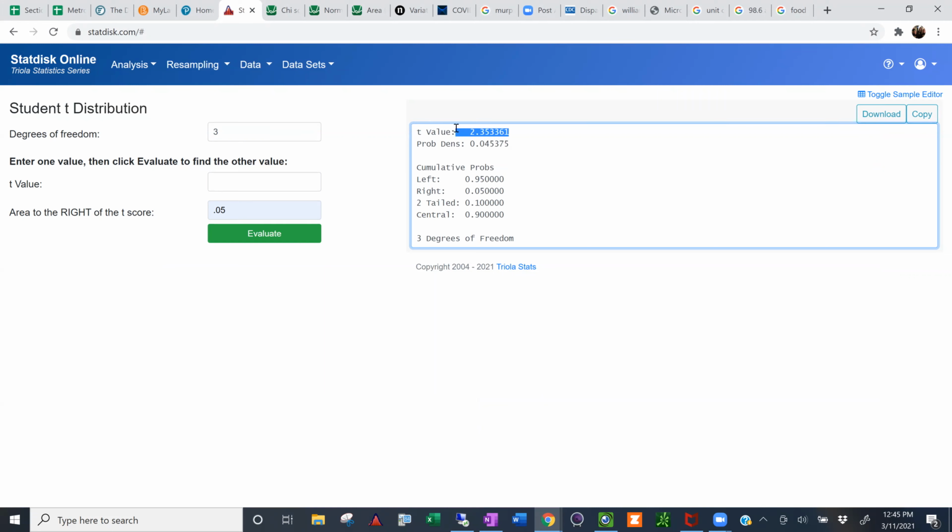Okay. Well, what happens if it was 10 degrees of freedom? Why don't you put in the chat what you get when you have 10 degrees of freedom, and then work on 20 degrees of freedom. Find those t values with the same area to the right, the same area in the right tail. Mm-hmm.